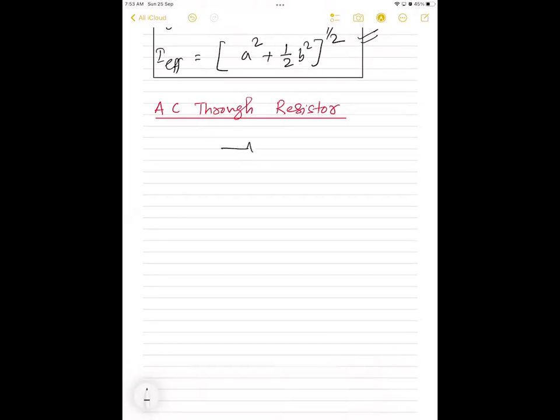We have taken a resistor whose resistance is R, and we have connected it to an alternating EMF, that is E equals E naught sin omega t, correct? So the instantaneous value of EMF is E naught sin omega t.